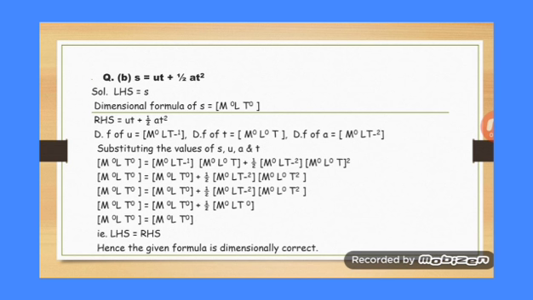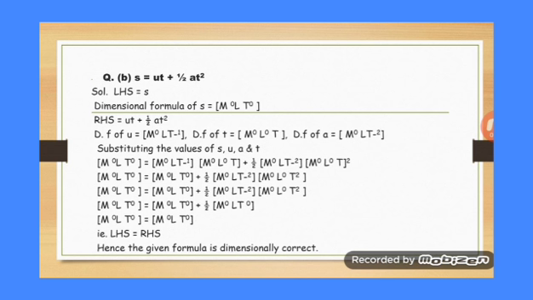Now substitute the dimensional formula of each physical quantity in the given formula. What do you obtain? M⁰LT⁰ on the left hand side. On the right hand side it is M⁰LT⁻¹ plus half M⁰LT⁻² times T².